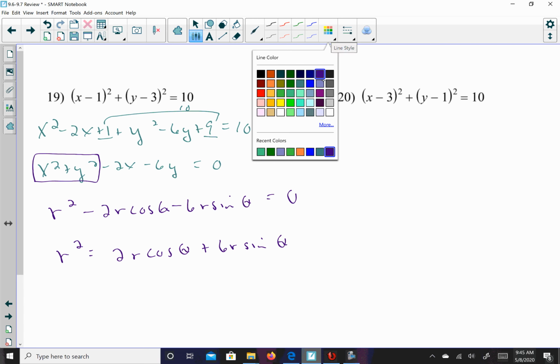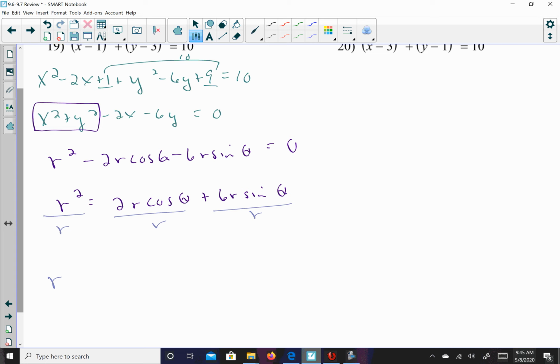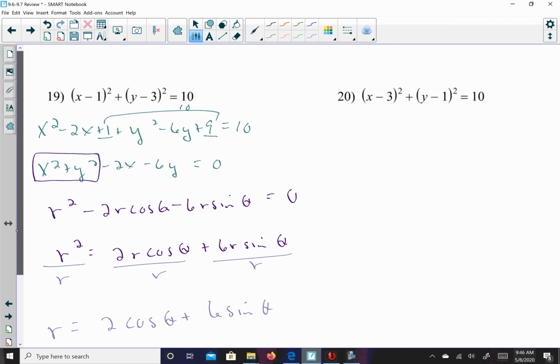Then at that point, I am going to divide everything by r. And I'm going to get r is equal to 2 cosine theta plus 6 sine theta. And that's it. I have r on one side by itself set equal to my two things. Everything is in polar form because I just have theta and r, no x's or y's.